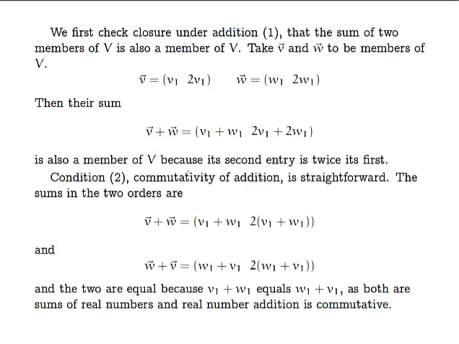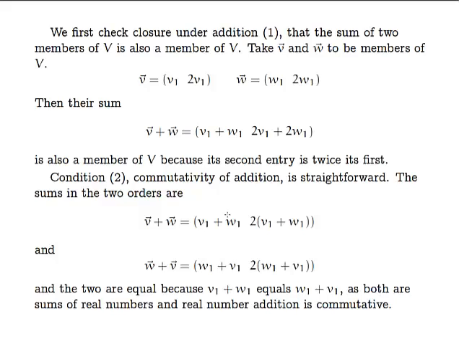Okay. We can also prove commutativity of addition. And the way you do this is show by an example that uses unknowns. Of course, you can't do an example using particular numbers. If I just said that (1, 2) plus (2, 4) is equal to (3, 6), that's not enough to show it in general.